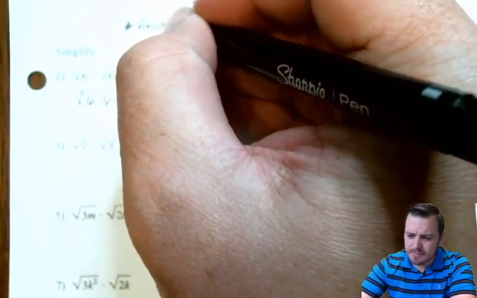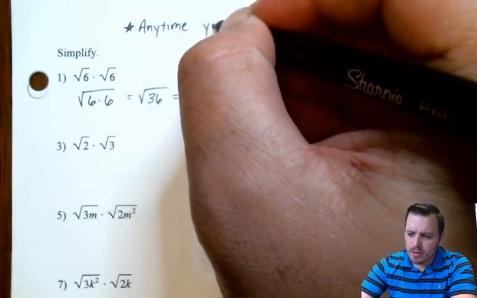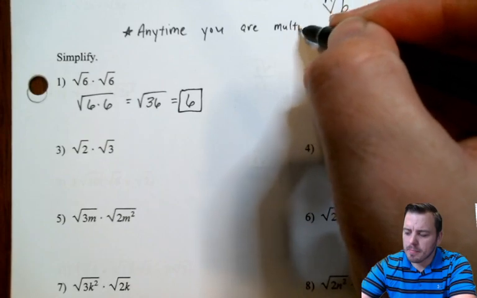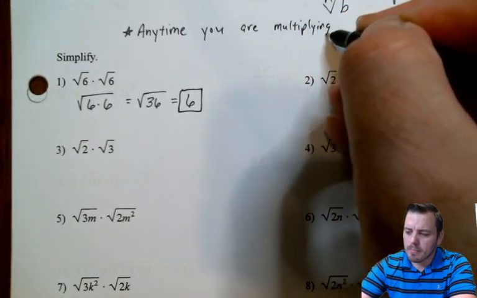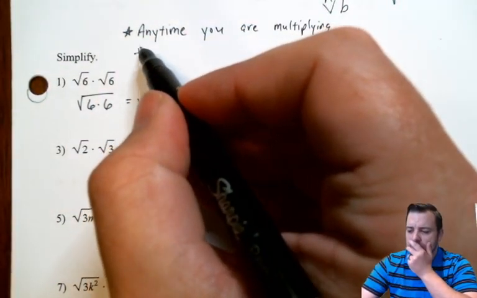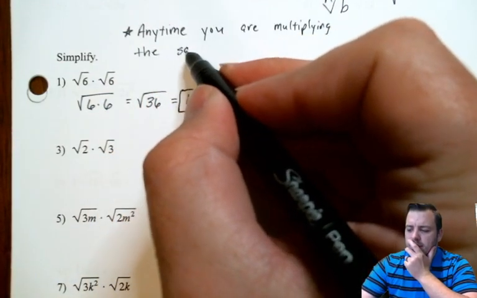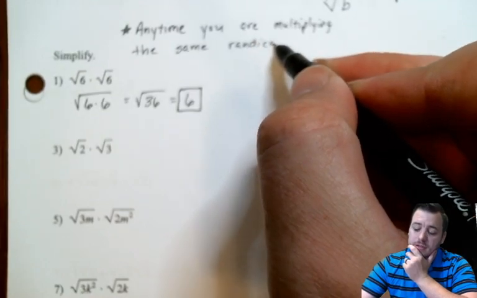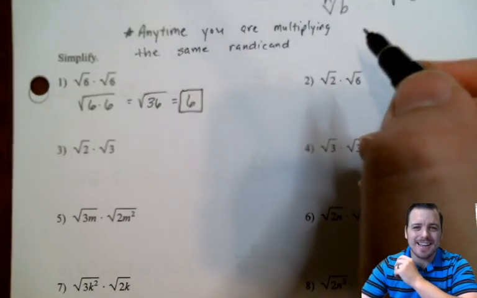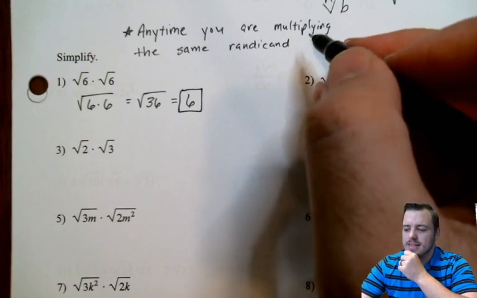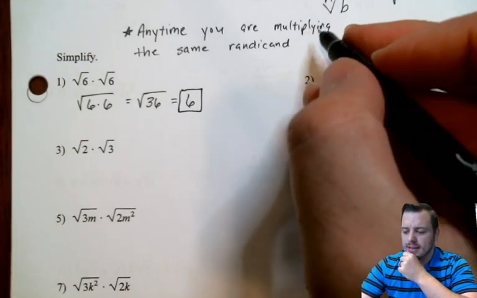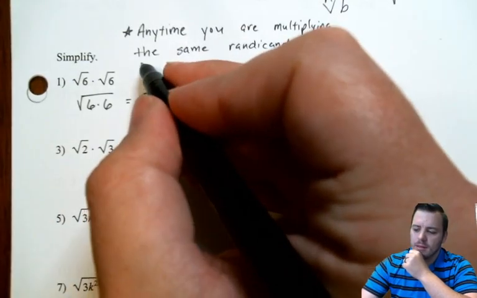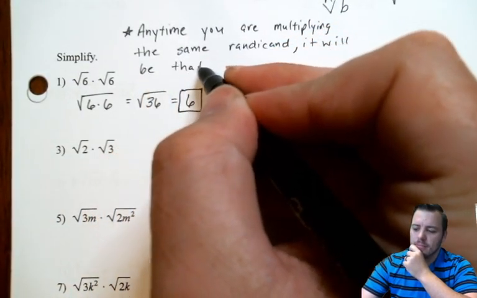Anytime you are multiplying the same radicand, which is what is on the inside of the radical, it will be that number.